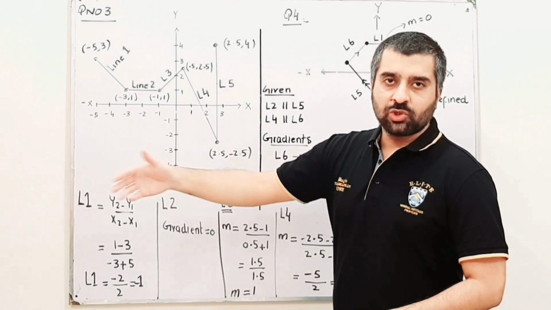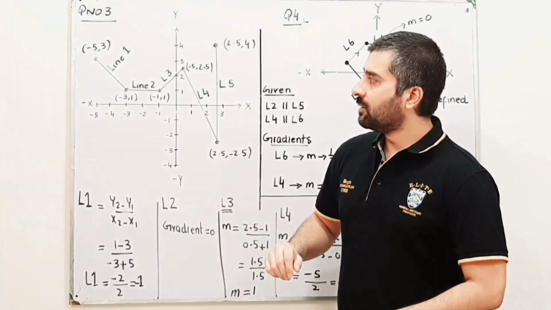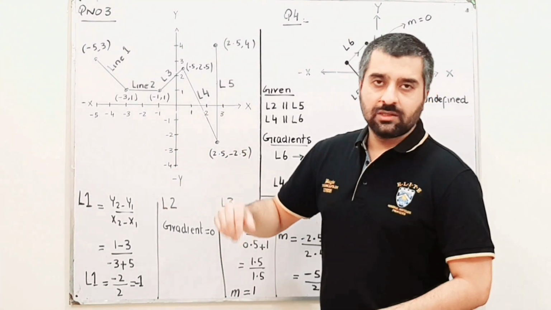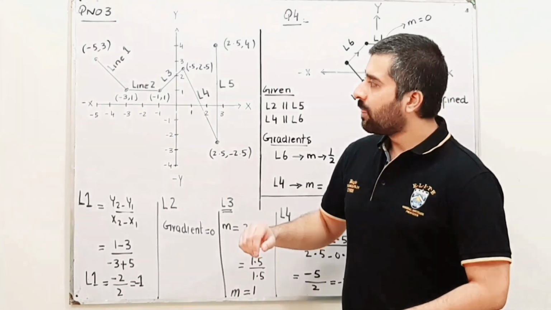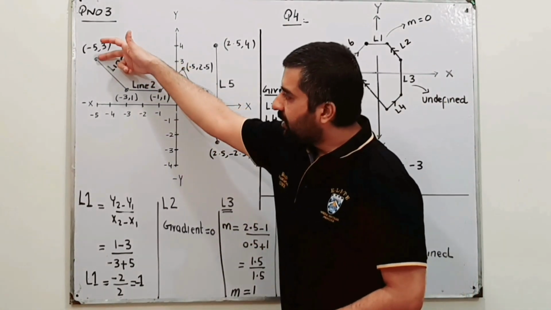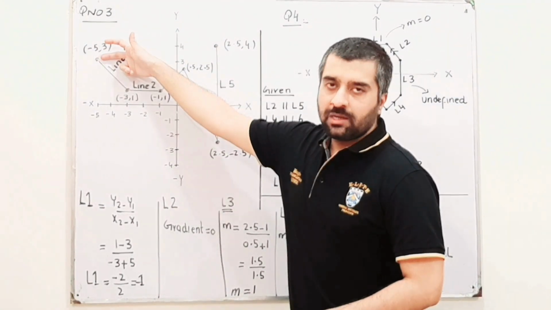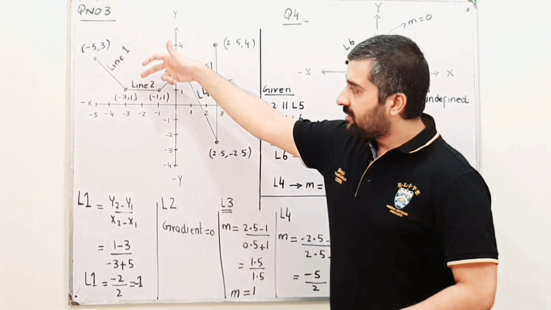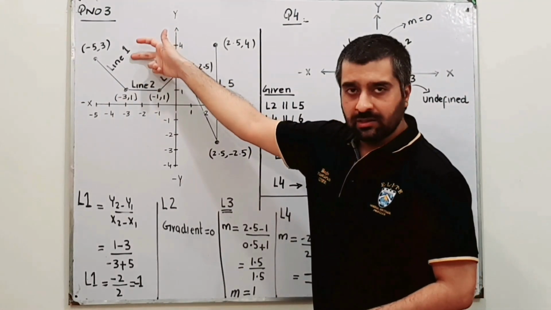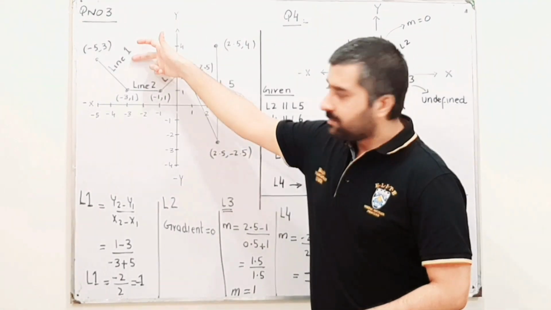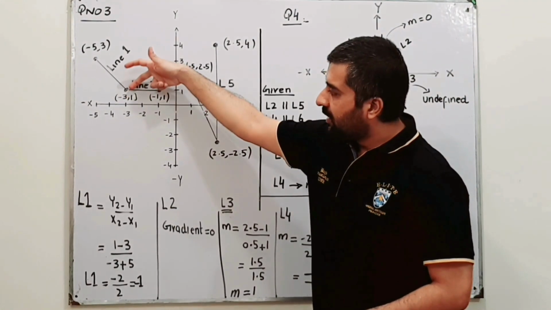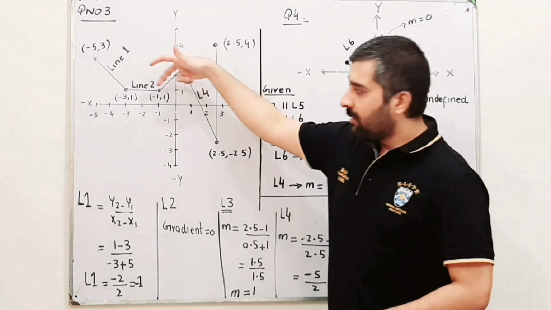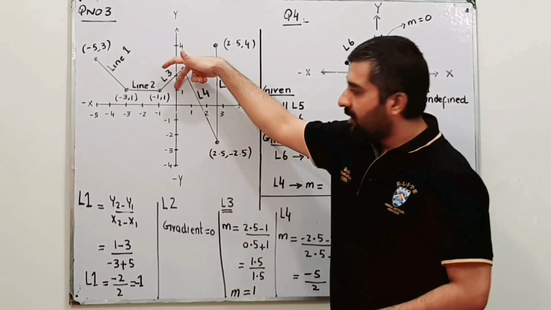We need coordinates of those points to find the change in y and the change in x. So I have considered this point whose coordinates are -5 and 3. And this is the second point on line 1 whose coordinates are -3 and 1. -3 on x-axis and 1 on y-axis.